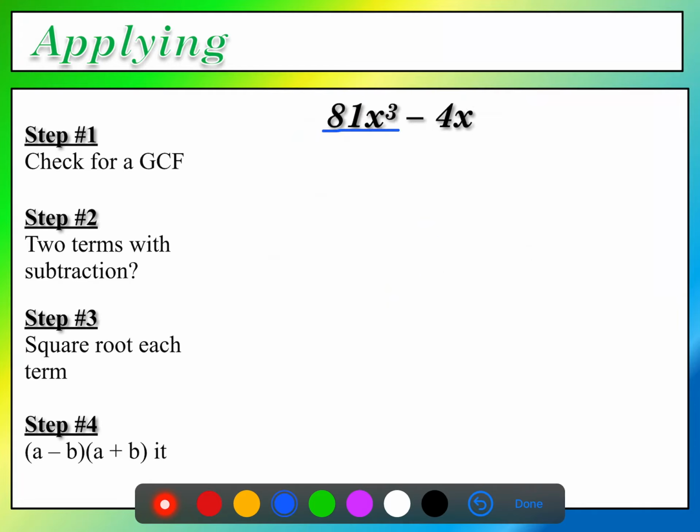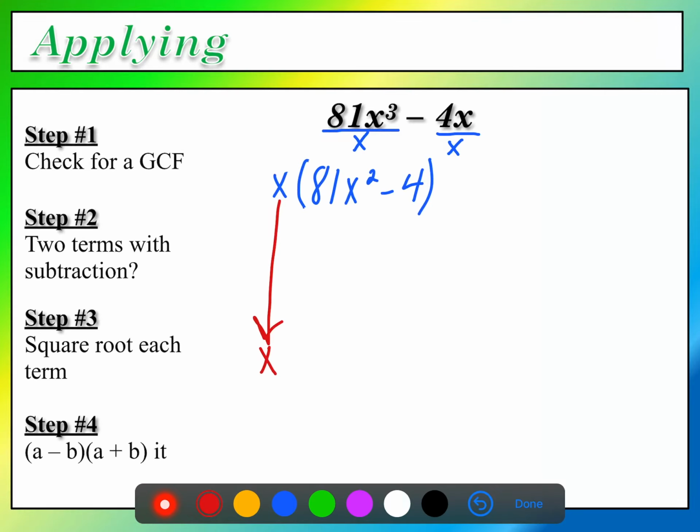This problem happens to have a GCF. So I'm going to take an x out before I start. That is actually much better for me because x cubed and x to the first power were not even exponents, so they would not have been considered a perfect square.